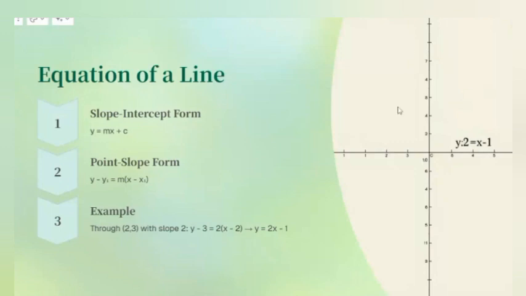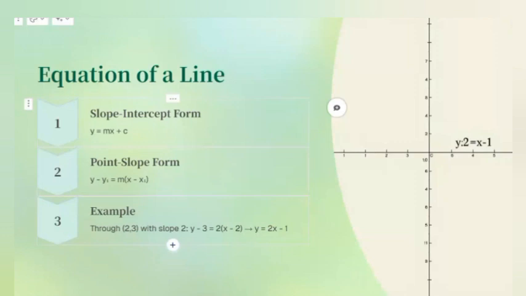So normally, if you have the slope and intercept, it is possible to find the equation of that line. The general form of representing it is y is equal to mx plus c, where m stands for the slope and c is the y-intercept.